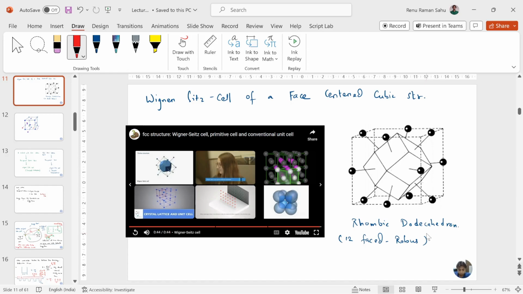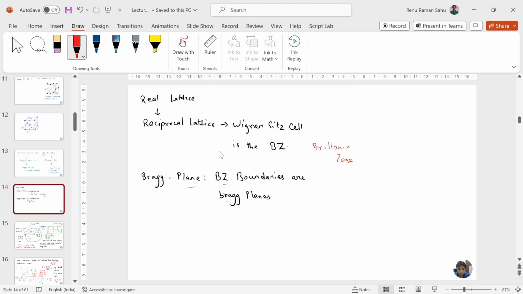Try to focus on what I'm saying. The Wigner seed cell of the reciprocal lattice is your Brillouin zone. So when we say the Wigner seed cell, it doesn't matter; it is just a geometrical construction. But when your lattice is the reciprocal lattice, and you take a Wigner seed cell in that reciprocal lattice, then it is called a Brillouin zone. Is that clear?